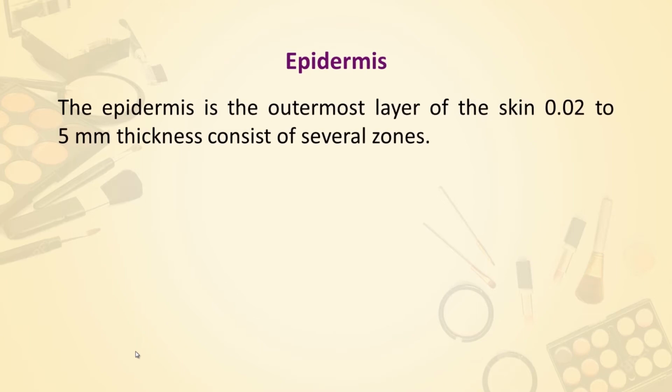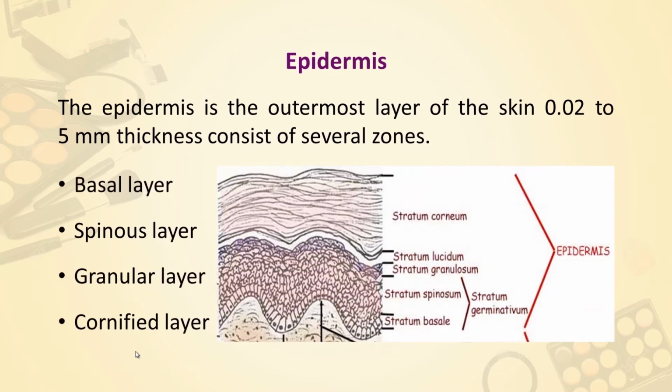The epidermis is the outermost layer of the skin, with 0.02 to 5 mm thickness, and it consists of several zones: basal layer, spinous layer, granular layer and cornified layer, also called stratum basale, stratum spinosum, stratum granulosum and stratum corneum.